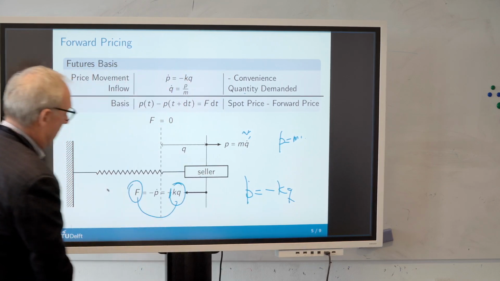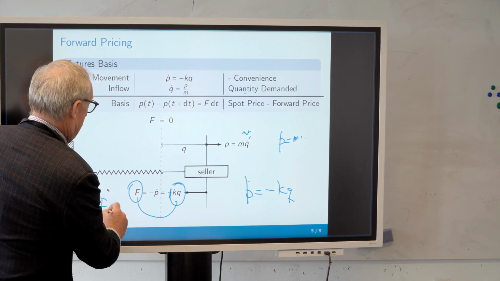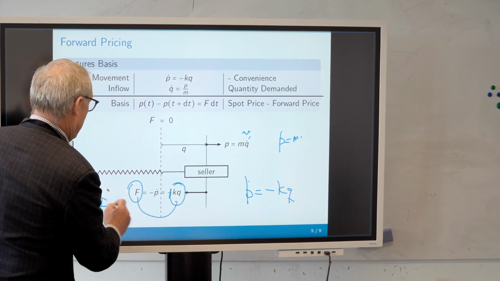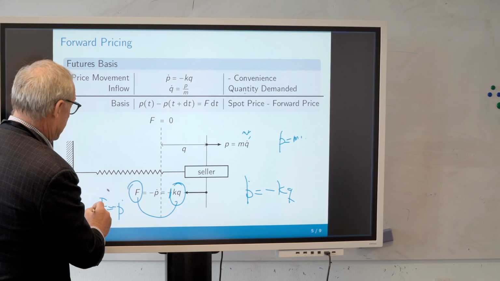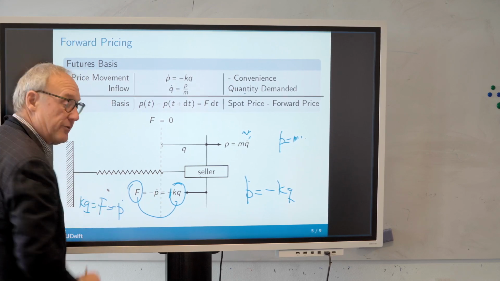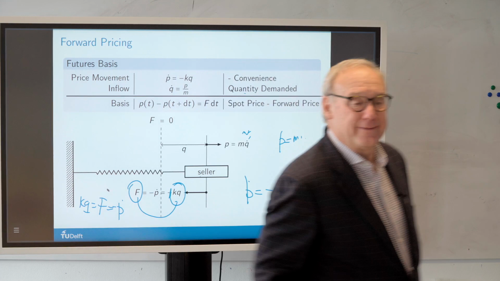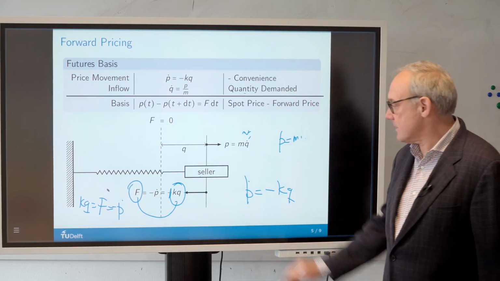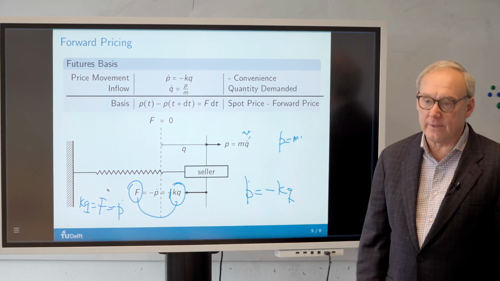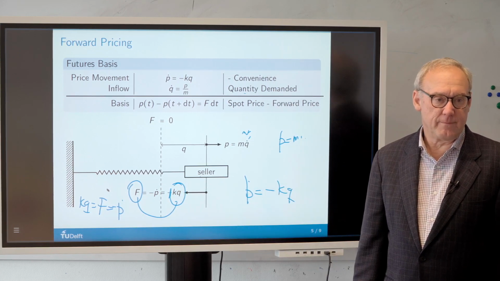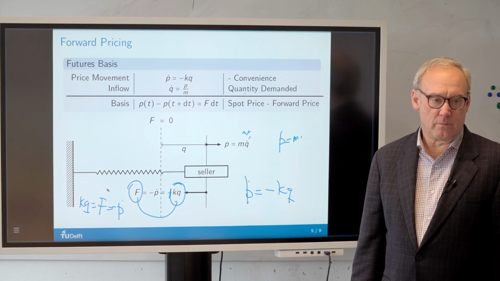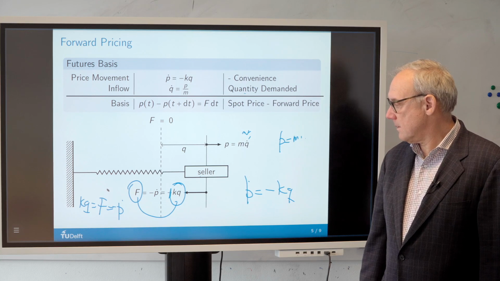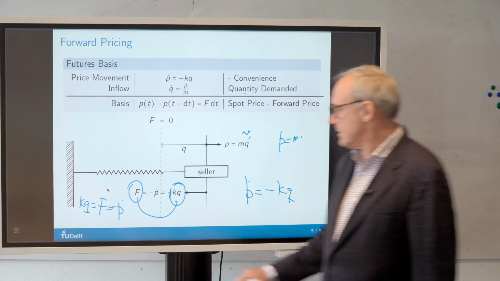I did this wrong, because we have F both equal to the negative of the price change and simultaneously proportional to the stock. So this should have been a plus sign. Oh, wait. What direction are you measuring Q positive in now? Because if you take P is M Q dot in that direction as well, then it should be a minus. Yeah, this should be a minus.